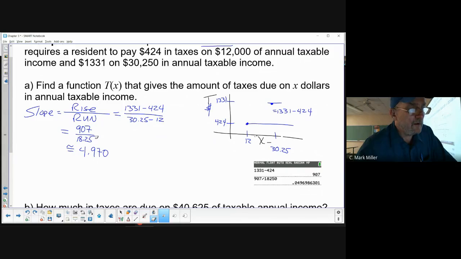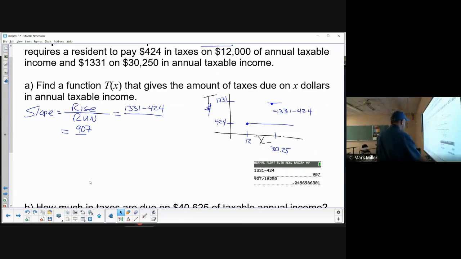And then here, you're just going to have to add some zeros. So we're going to make this over here. With 1331, that is associated with 30,250.